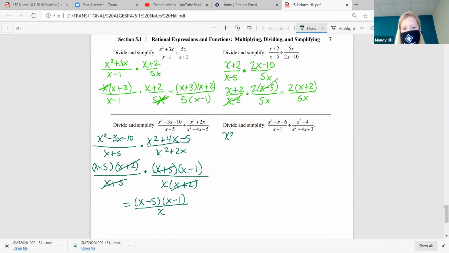Okay. One last problem. X squared plus x minus 6 over x plus 1. Division turns to multiplication. We flip that second fraction.